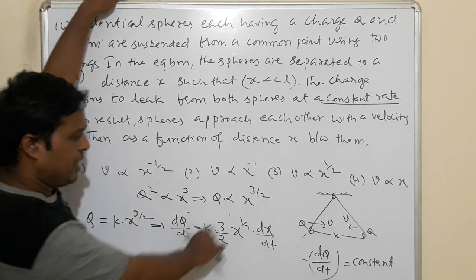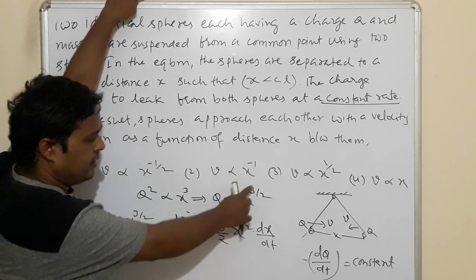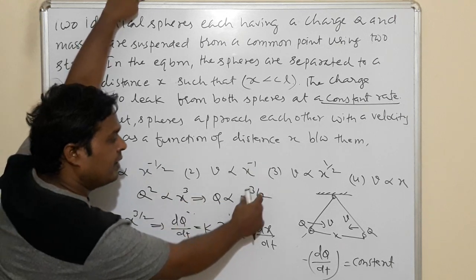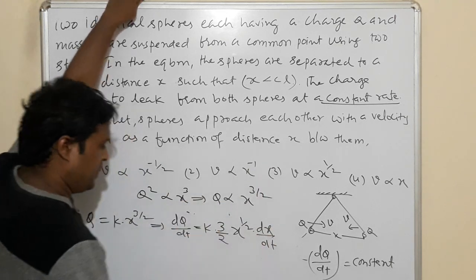Follow this? For x raised to n, the derivative is n into x raised to n minus 1, and differentiation of x with respect to t is dx by dt.